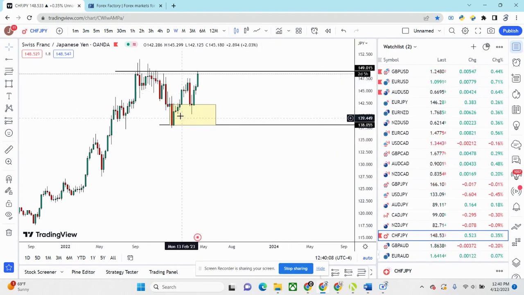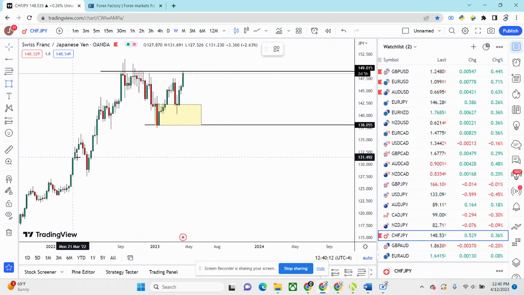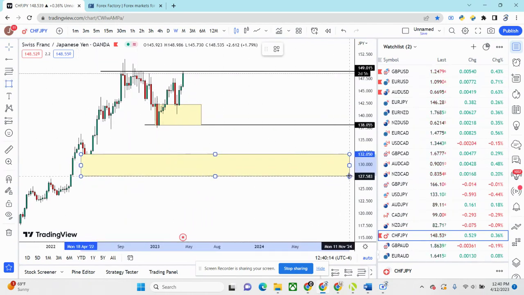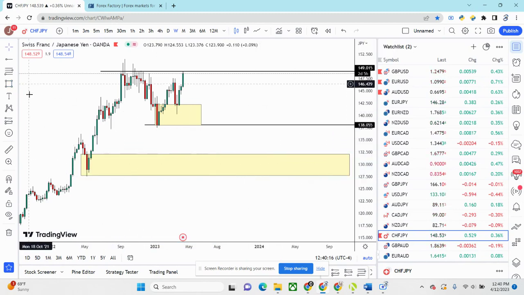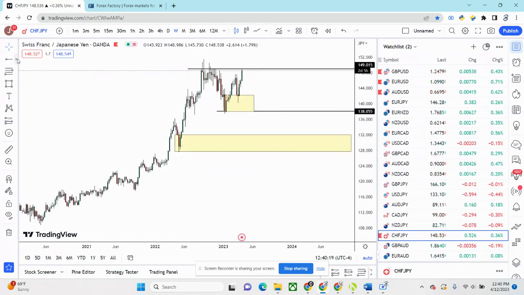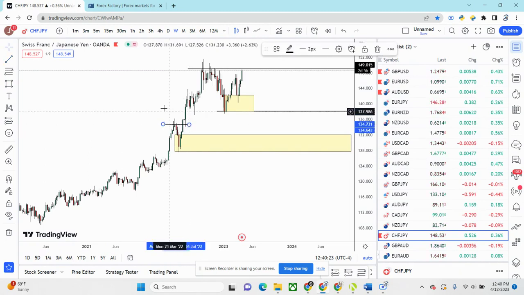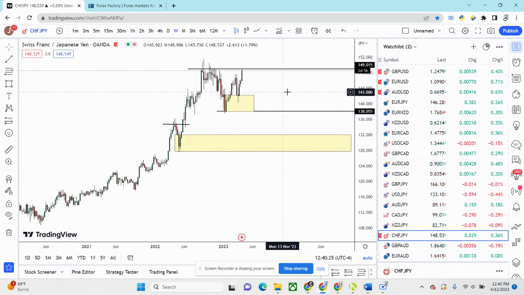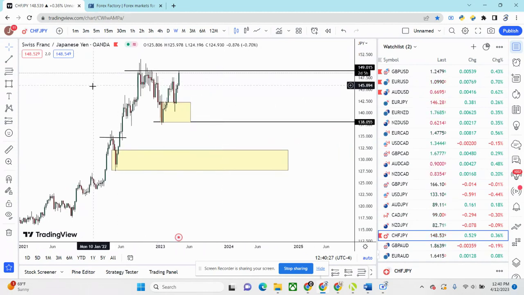So it may come back down to this area, and then you have another block here. If it sells off, because it broke structure right here, and then we'll come back and retest it and then moved on.